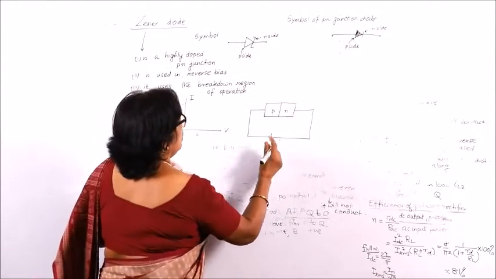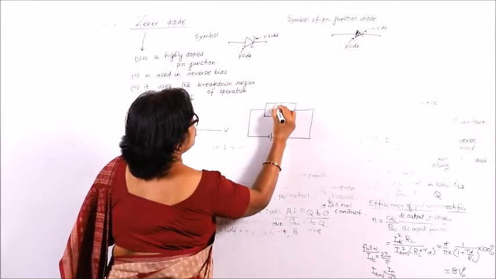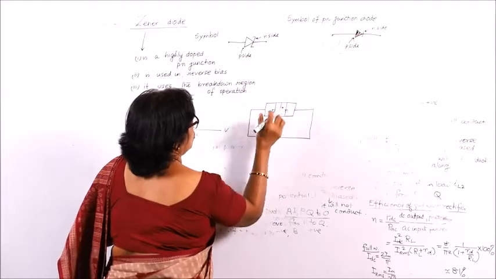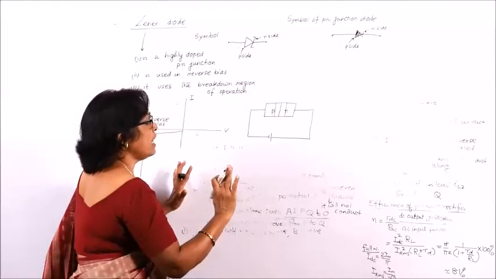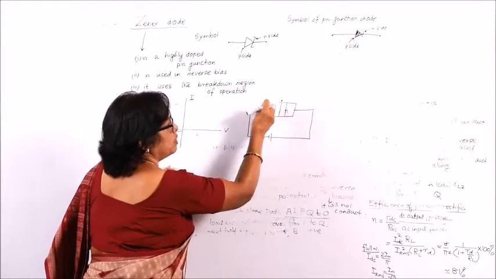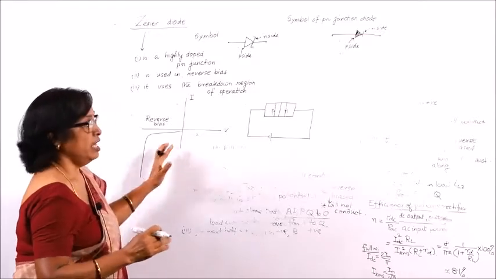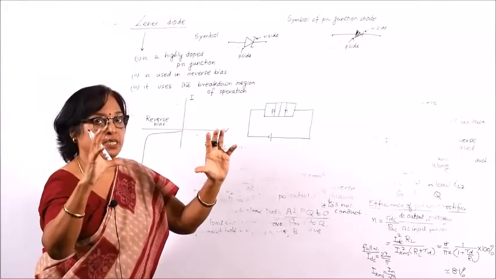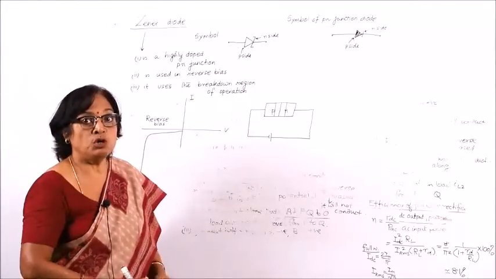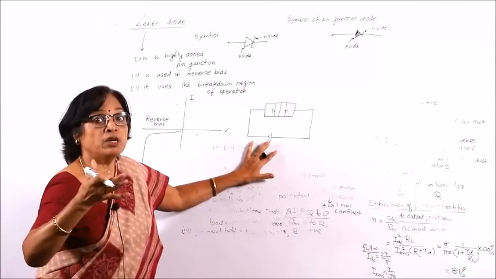When you get a reverse bias, the depletion region is large at the junction, so it does not allow the holes to cross or electrons to cross from N to P. Then what happens if you keep increasing the voltage more and more?